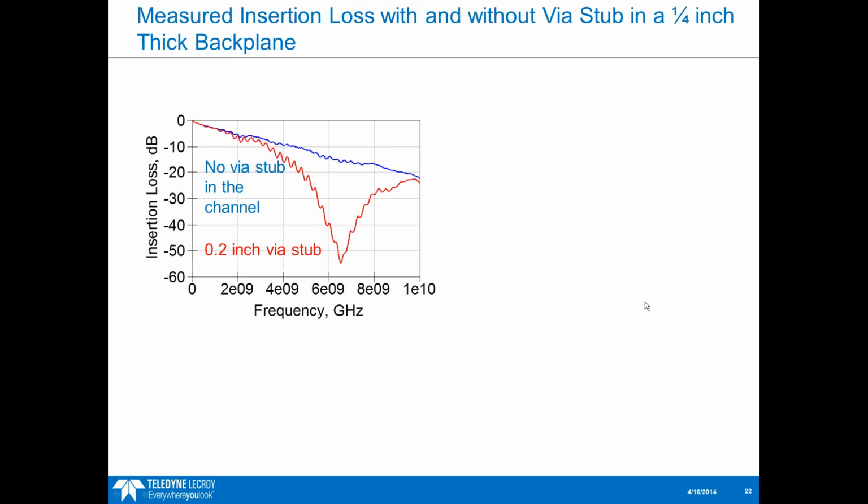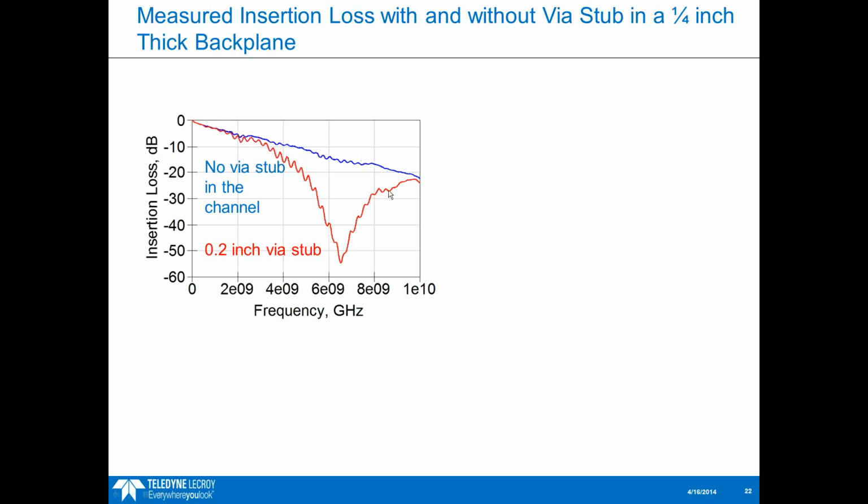Here's another example showing a quarter wavelength stub resonance. This resonance is from a via stub. This is showing a comparison of the channel with the via stub in place and with the via stub back drilled to get rid of the stub.